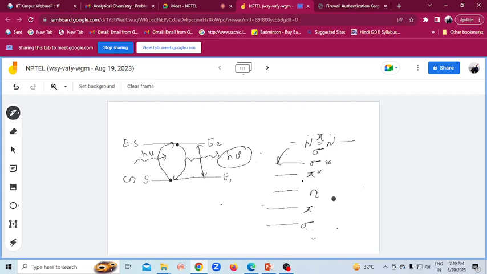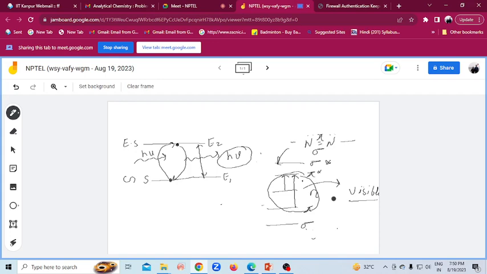So when an electron jumps from n to pi star, or from pi to pi star, these two transitions are very important. Why? Because when the electron jumps from here to here, it absorbs energy which falls in the visible range, so we can identify it.